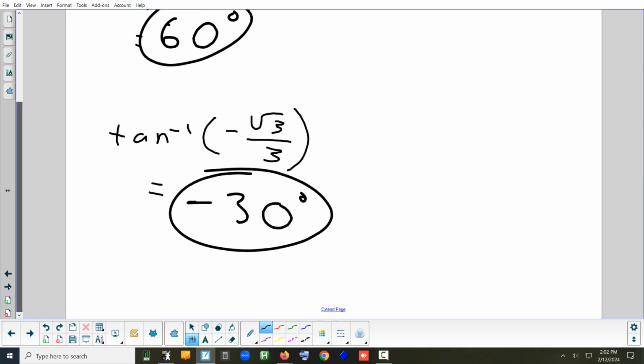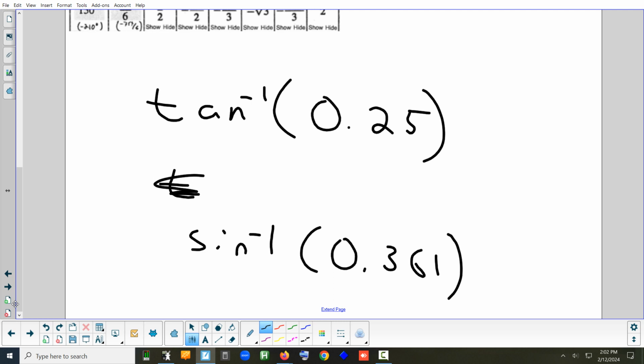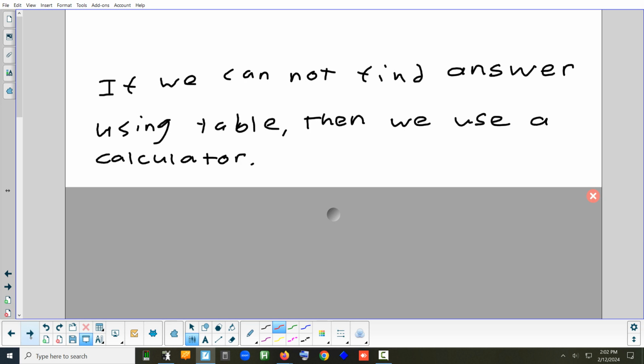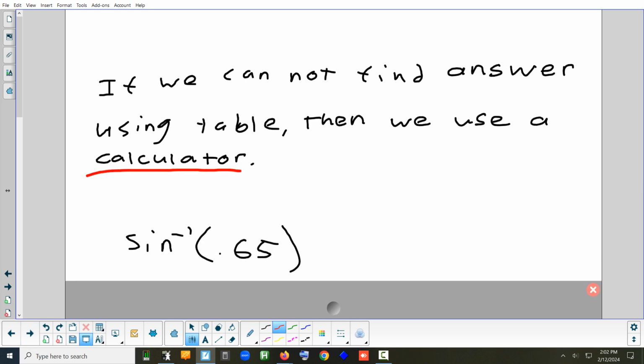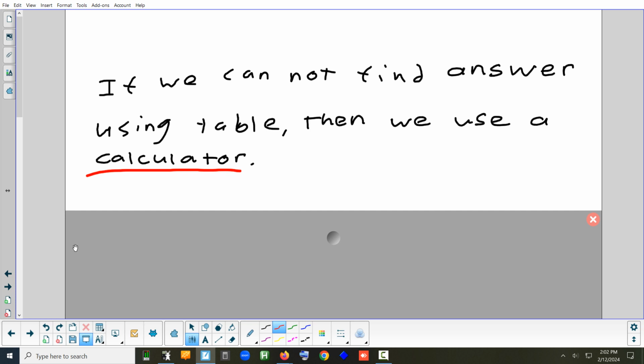So, if I ask you to do a problem, and that number that I just circled in red is not one of the numbers I just said, root 3s, root 2s, 0.5s, negative 0.5, things like that, then the only way to do it is to use the calculator. So if you can't find the answer in the table, then we're going to use a calculator.